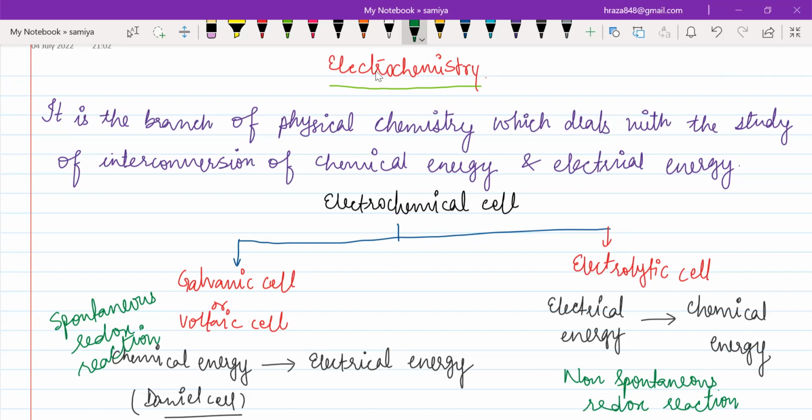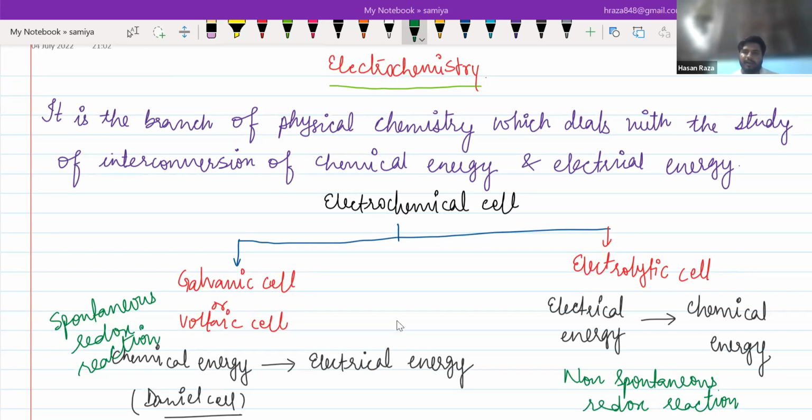So please write it. Again, what is electrochemistry? So basically in electrochemistry, we study the transformation of chemical energy into electrical energy and electrical energy into chemical energy. That is electrochemistry. And there are two types of electrochemical cell, that is galvanic cell and electrolytic cell.